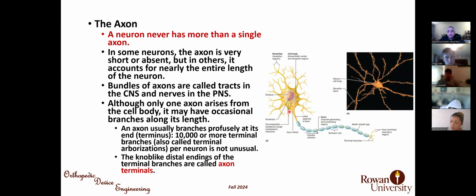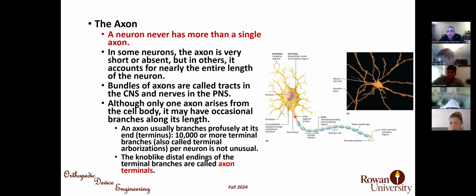Axon is a single process. Each neuron has only one axon, but each neuron can have hundreds or thousands of dendrites, but only one single axon.